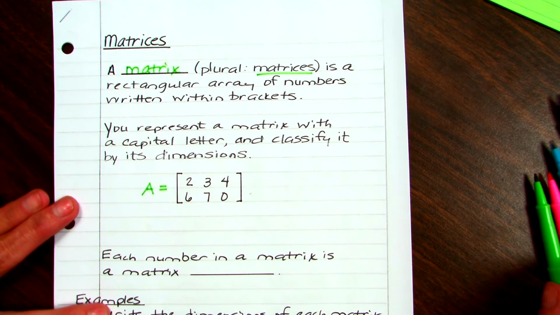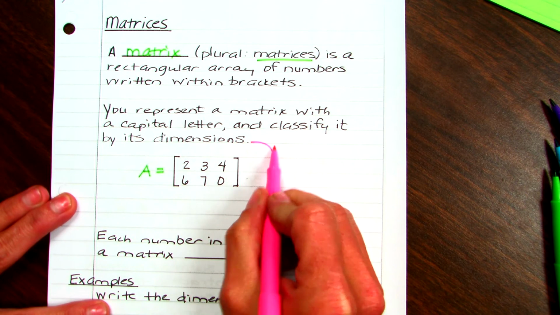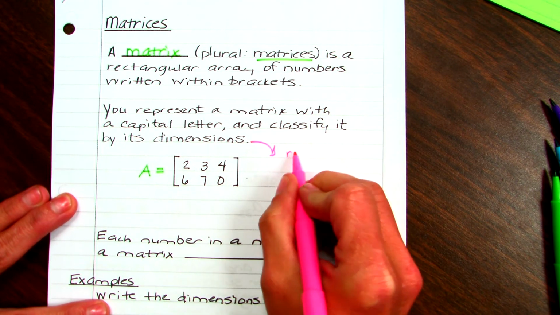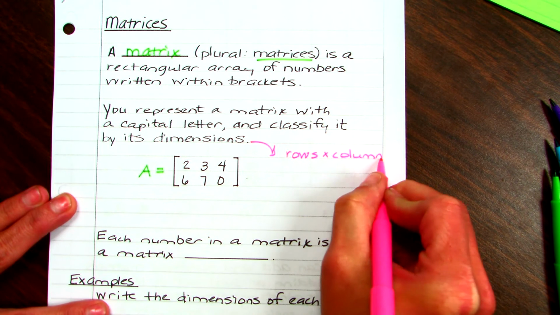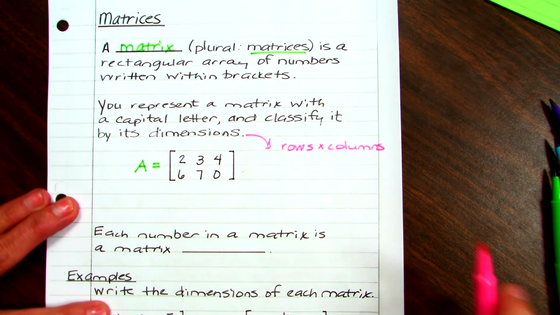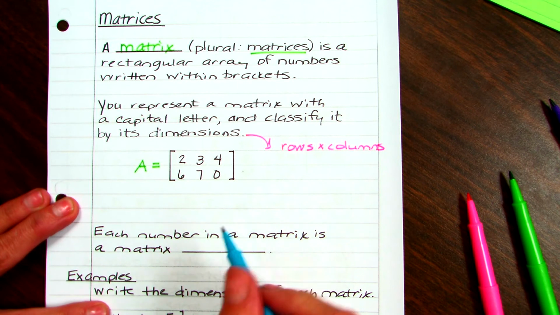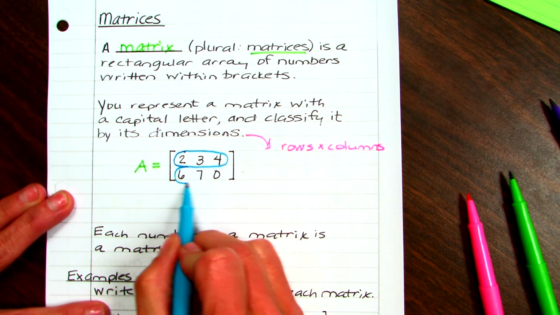This is where it's really important that you remember rows by columns, because everything hinges on rows by columns. So if I look at this matrix and I want to classify it by its dimensions, then I'm going to look to see how many rows it has. Rows go side to side, so it has 2 rows.